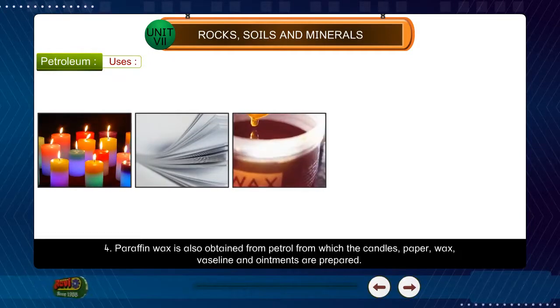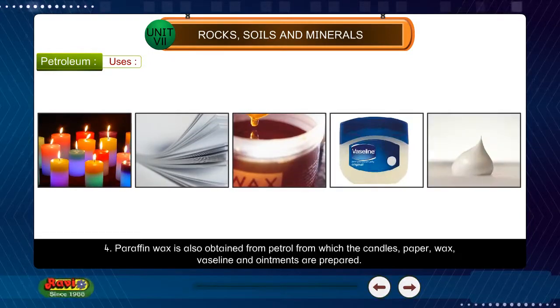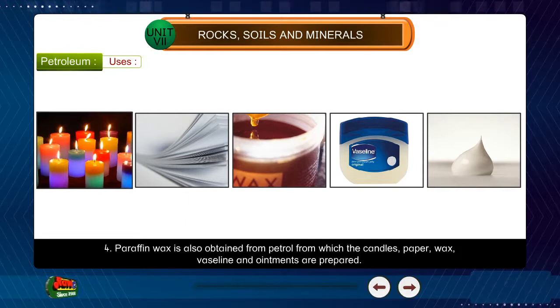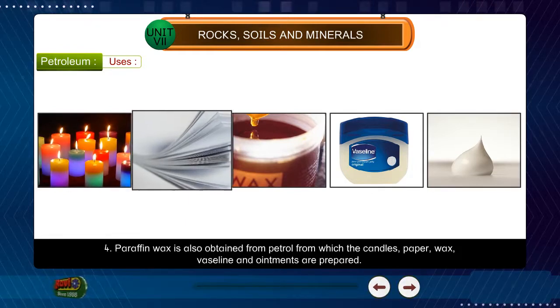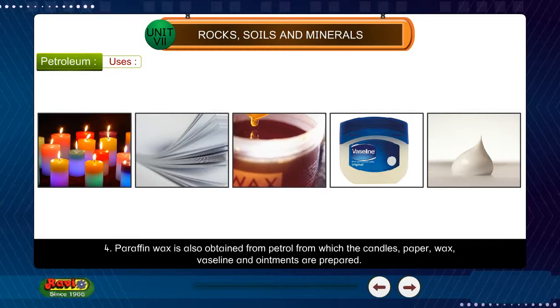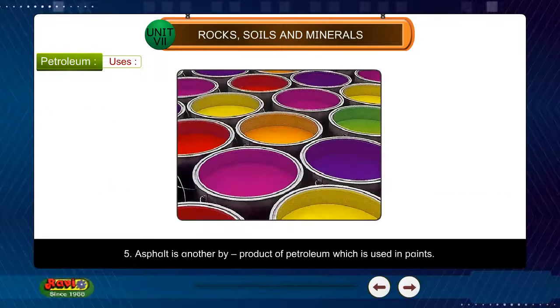Paraffin wax is also obtained from petrol, from which candles, paper, wax, Vaseline and ointments are prepared. 5. Asphalt is another byproduct of petroleum which is used in paints.